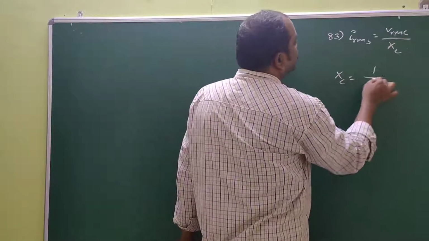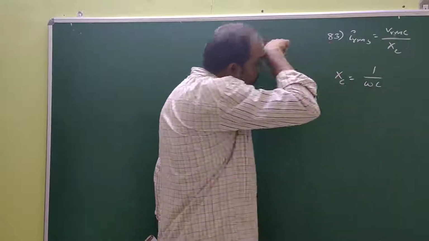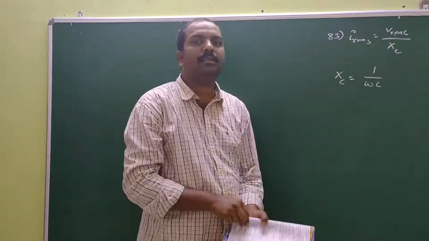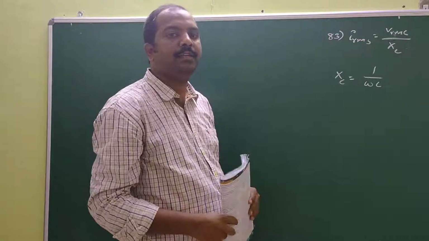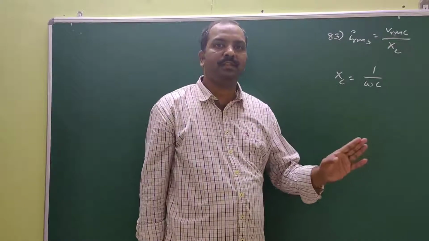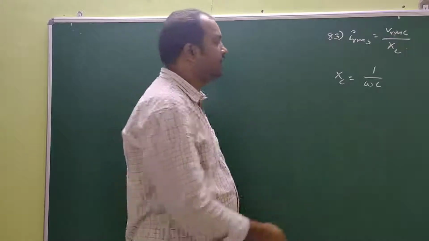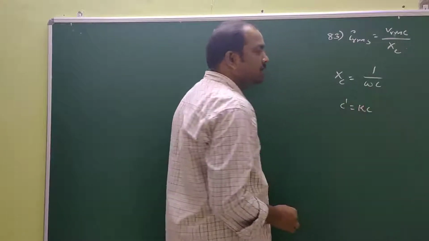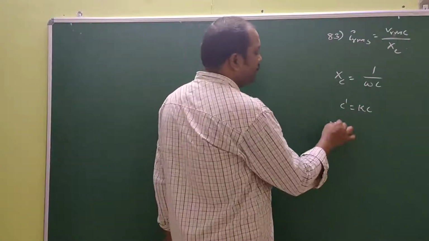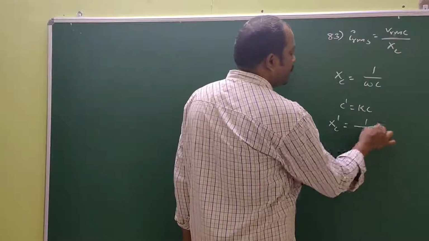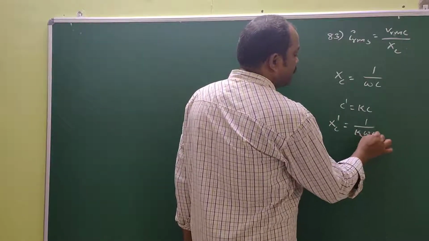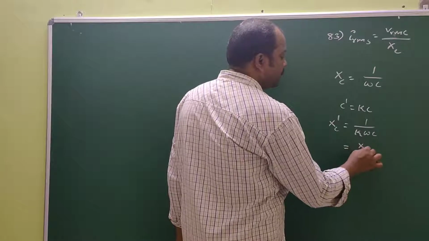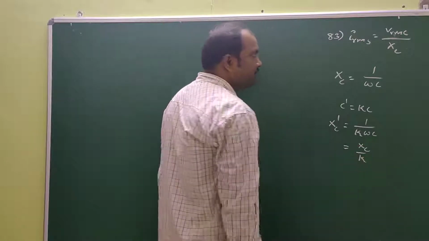Capacitive reactance is 1 by omega C. As the dielectric is inserted between the plates of the capacitor, its capacitance increases. So the new reactance becomes 1 by K omega C, that is 1 by K times the initial.